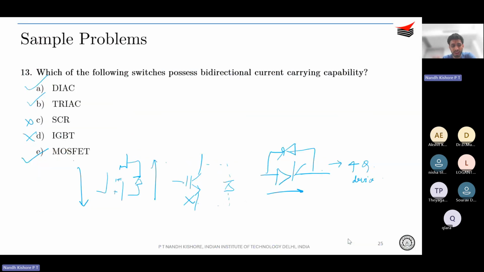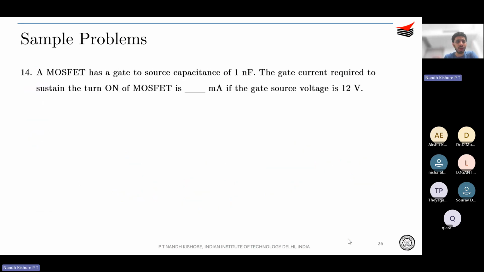It can be continuous, it can be sinusoidal or whatever it is. Can it conduct current in either direction? Diode cannot conduct current from cathode to anode, right? So similar to that, the question is, can it conduct current in both directions? Okay. So we will try to cover as many numerical problems as possible.